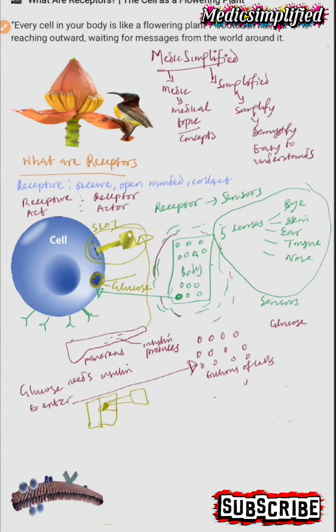So once this insulin keys in here, then this door here will open. Then all this glucose will now enter through an entrance there.